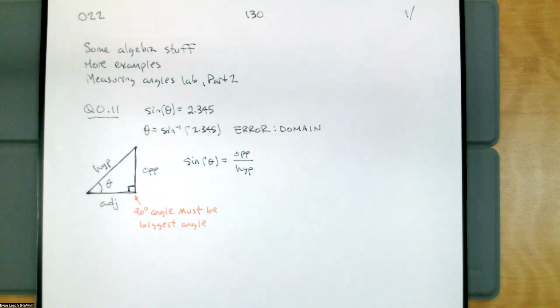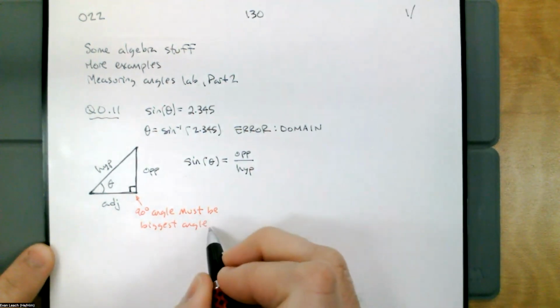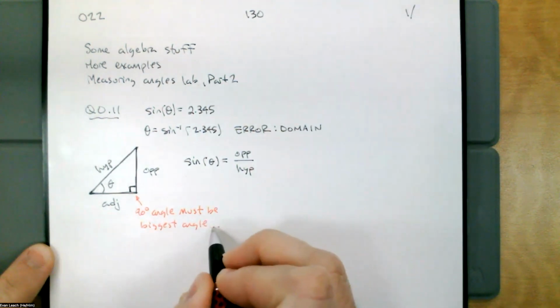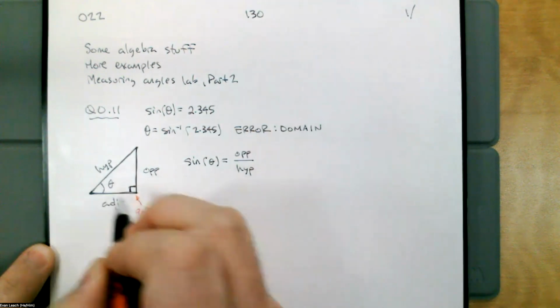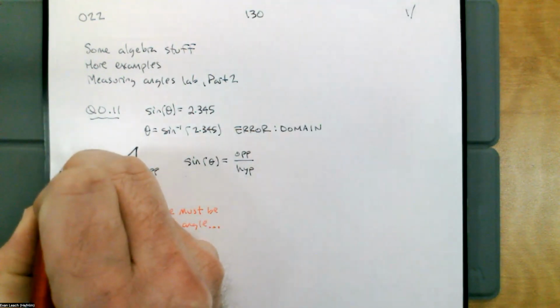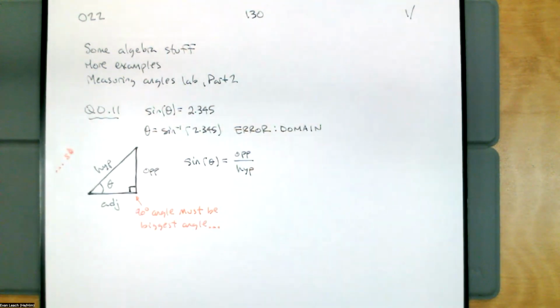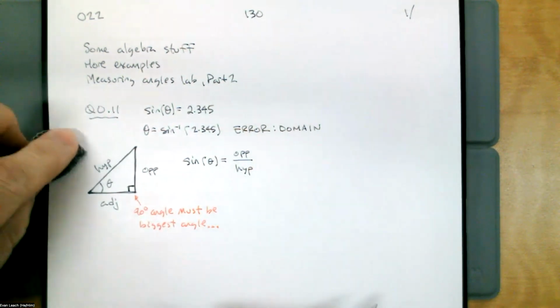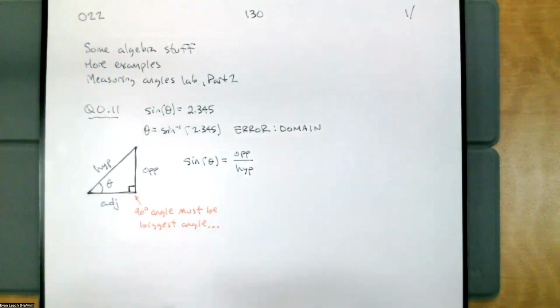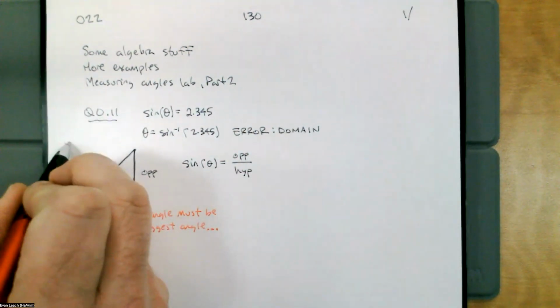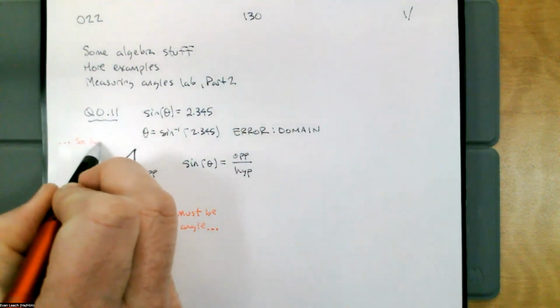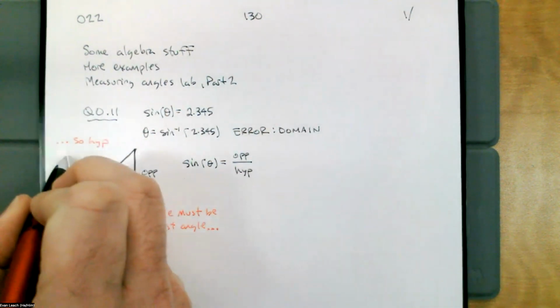What that means is that the hypotenuse has to be the biggest side. The 90-degree angle must be the biggest angle, so the hypotenuse must be the biggest side.